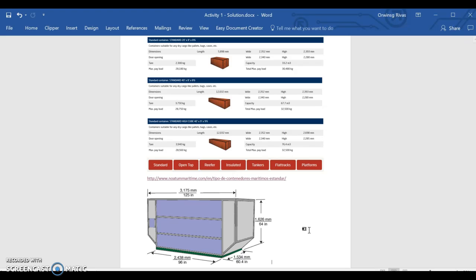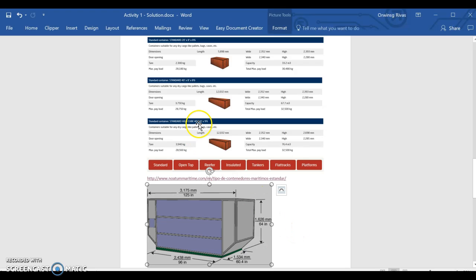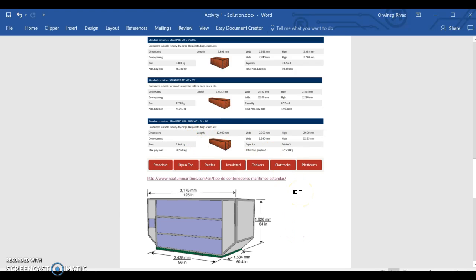But we also have some different kinds of containers for maritime and air transportation. We have the standard, which are these shown here. Open top, as the name says, doesn't have a cover on the top.